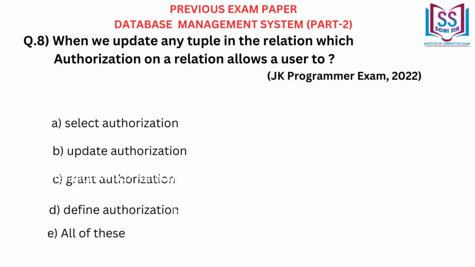Which authorization on a relation allows a user to update any tuple in the relation? A. Select authorization, B. Update authorization, C. Grant authorization, D. Define authorization, E. All of these. Correct answer B. Update authorization.